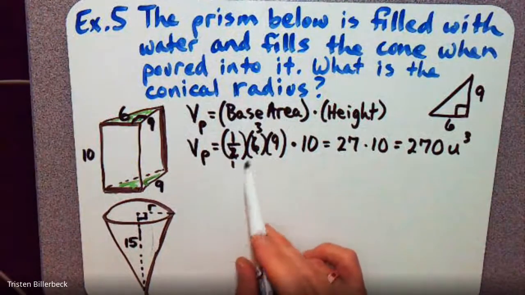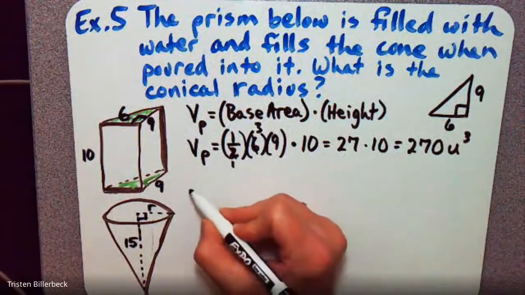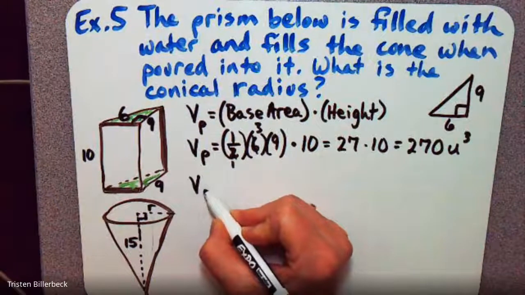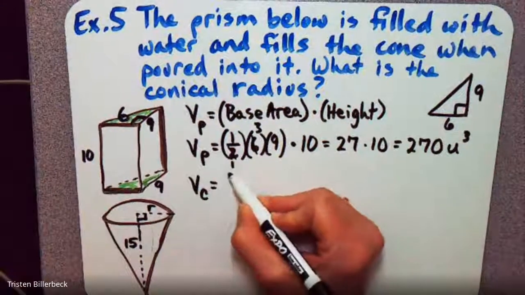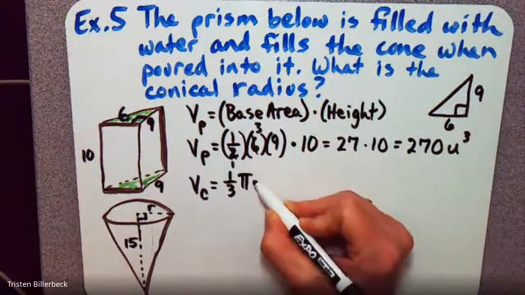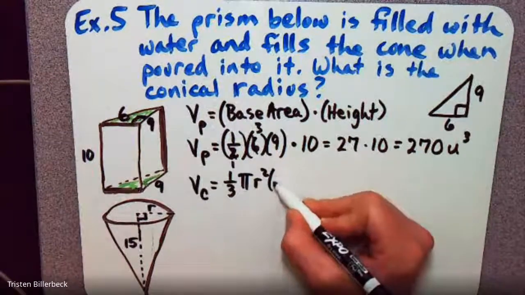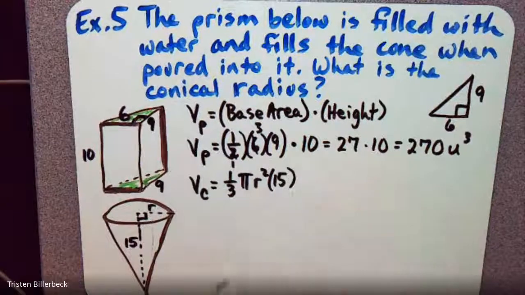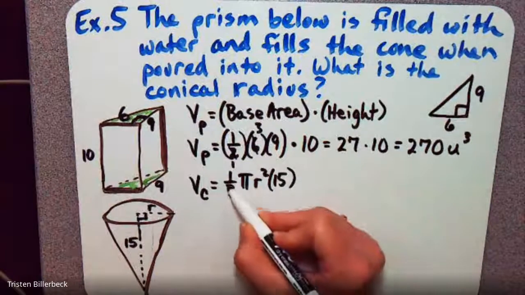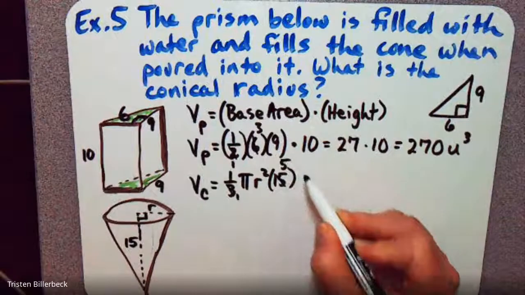All right, so now what we're going to do is look at this. The volume of the cone is 1/3 pi r squared. We don't know what r squared is, but we do know the height is 15. So we can take a 3 out of the 15.